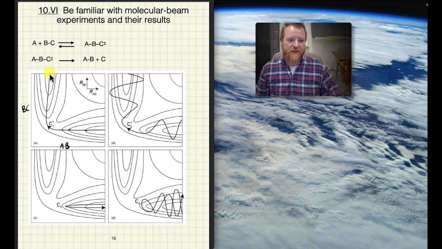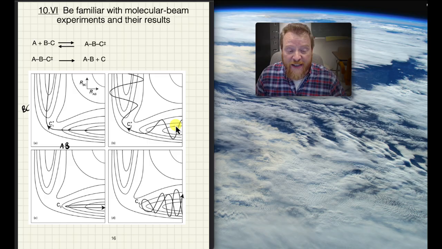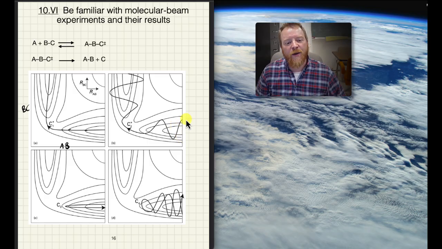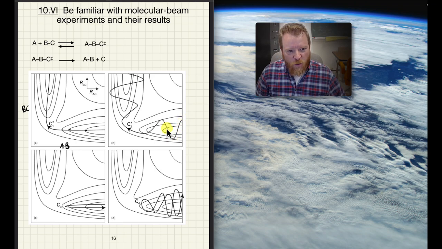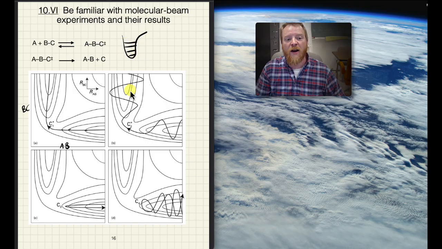So now we could also imagine a scenario in which a BC molecule is in a vibrationally excited state. And in that case, it has this oscillatory nature. So we can imagine, in our potential energy surface, the ground state was down there at the bottom, near the minima, but an excited vibrational state or multiple vibrational states are higher up.